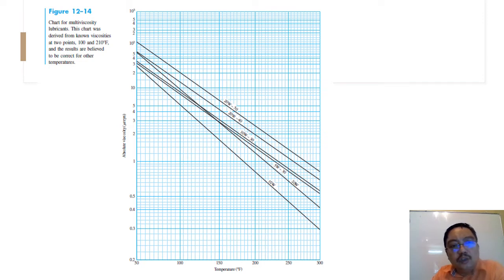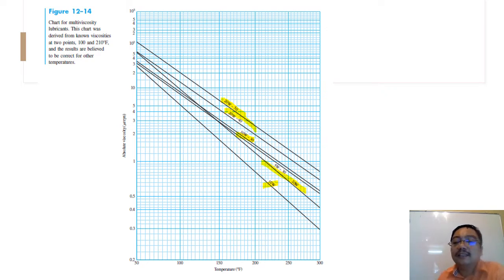You can see in the next slide, which is figure 12-14, charts for multi-viscosity lubricant. You may be familiar with these numbers, 20W50 or 20W40. You remember when you go to your mechanic shop to change your car oil, there are many variations of lubricant, and that oil shows the number 20W50, 20W40, and others.